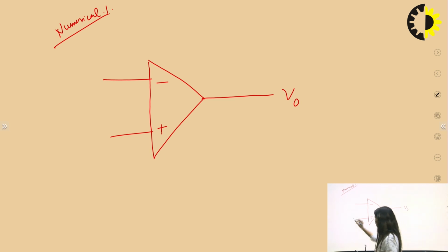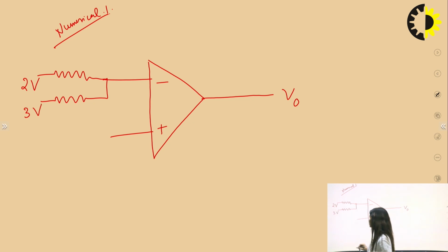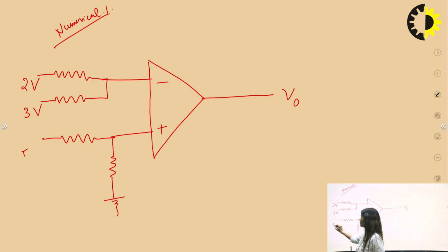Now there are two voltages I am giving at the negative terminal of the op-amp. Let's say 2 volts, and here I am giving another voltage, that is 3 volts. Here I am giving a 5 volt supply from this terminal.